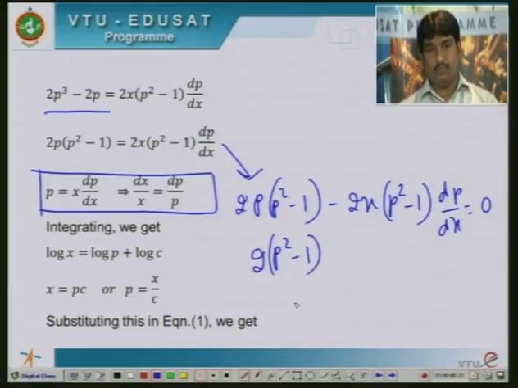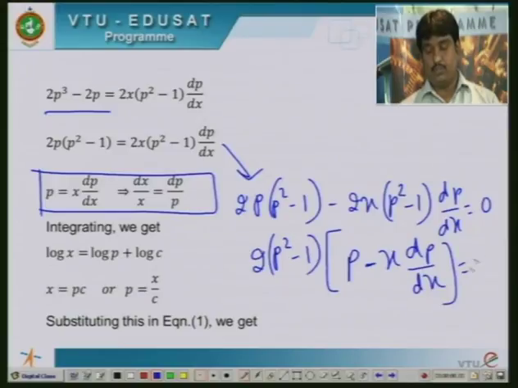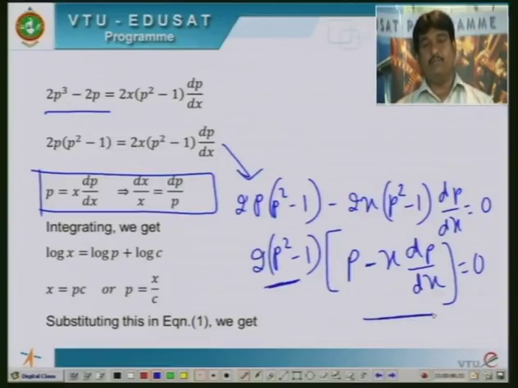Take 2 into p square minus 1 outside, p is left here, minus x into dp by dx equals 0. Yes, I have two factors here, one p square minus 1, another one p minus x into dp by dx equals 0.